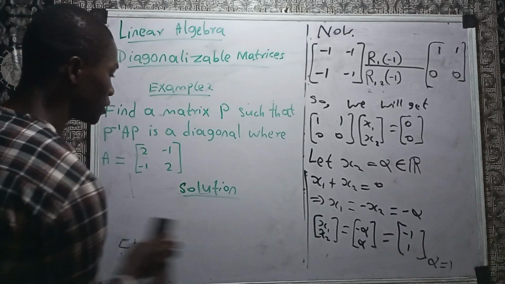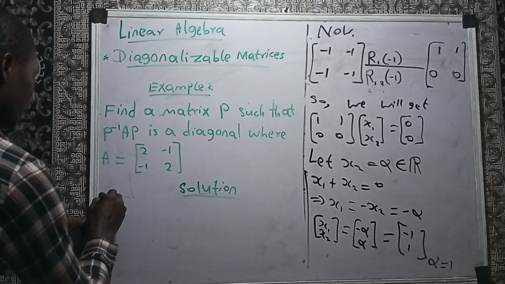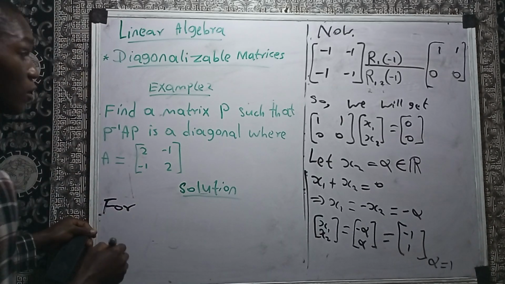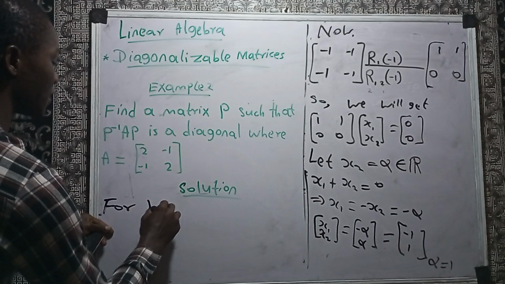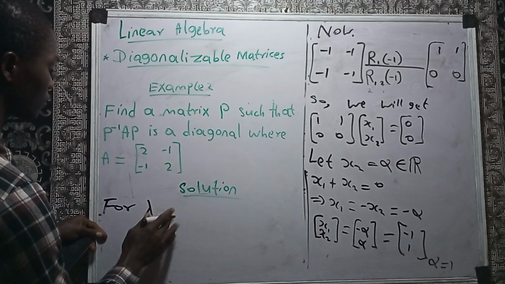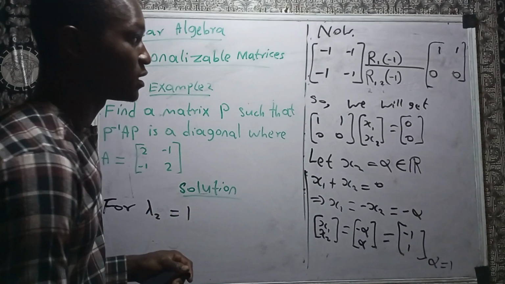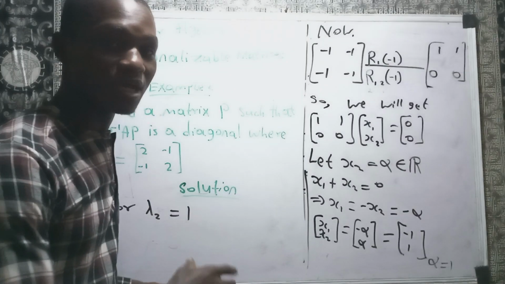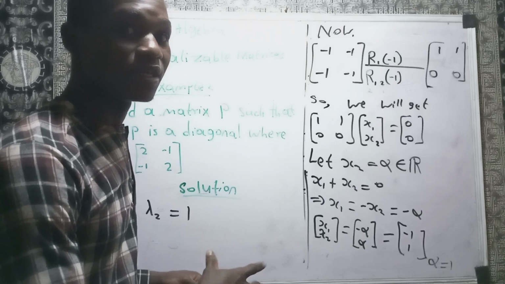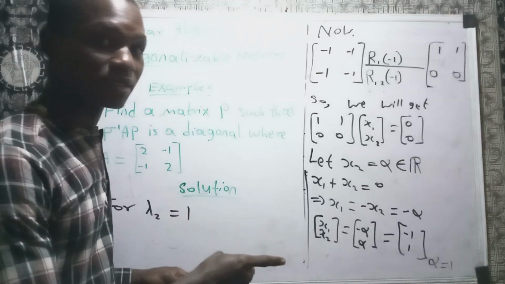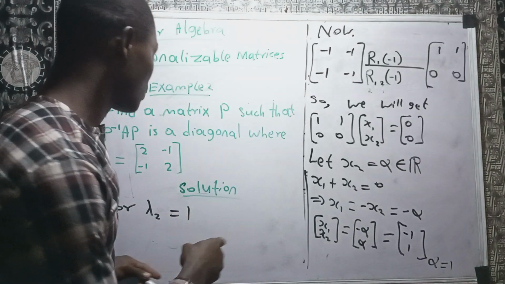So we will continue solving for lambda 2 equals 1. You remember when we got our eigenvalues, we got lambda 1 to be 3 and lambda 2 to be 1.